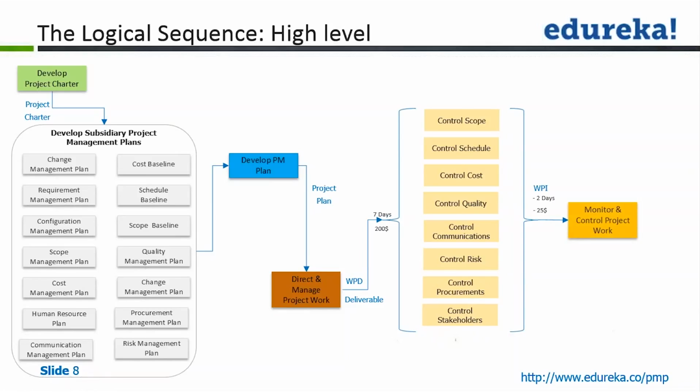In a similar way, this $200 is raw data: in order to complete that deliverable, you spent $200. This data will be taken to the control cost process, where we will do variance analysis. We will use the earned value management system to do the variance analysis.